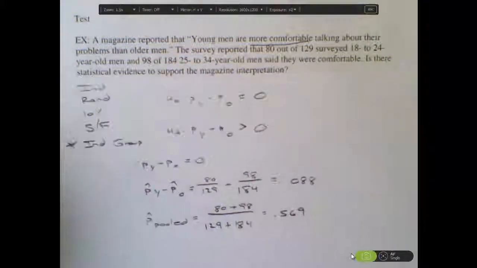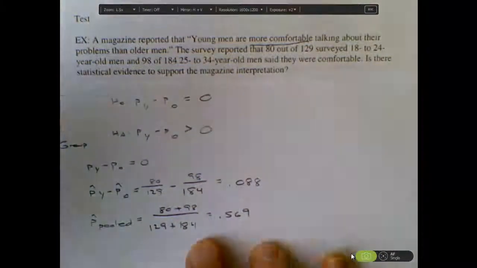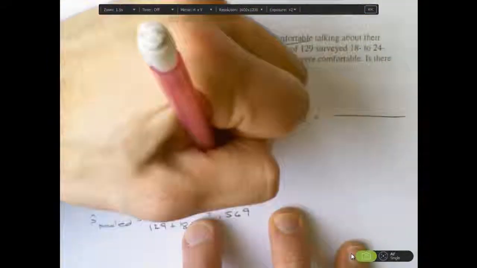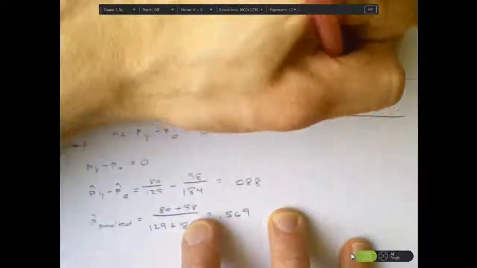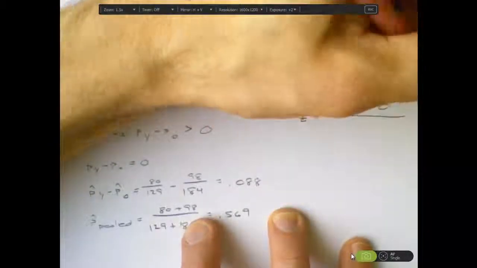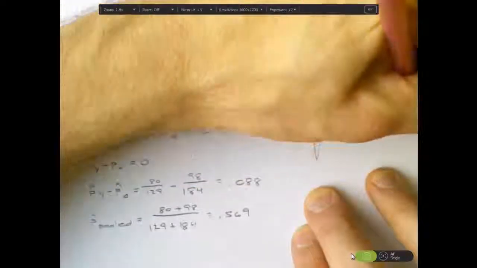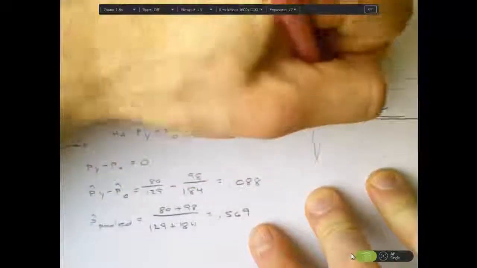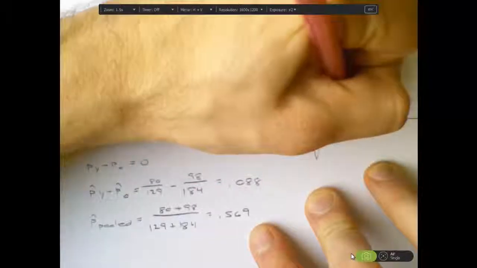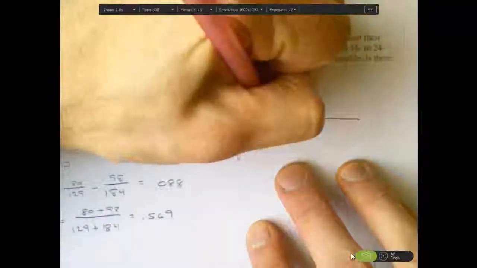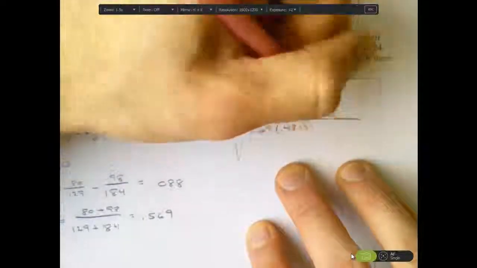All right, so taking this information and calculating a z-score now, I would have z equals my statistic. Well, that's the difference between the two proportions, 0.088 minus my mean, which I'm claiming is 0, but they're the same, over my standard error pooled, which is going to incorporate this 0.569 times the complement, 1 minus that, 0.431.